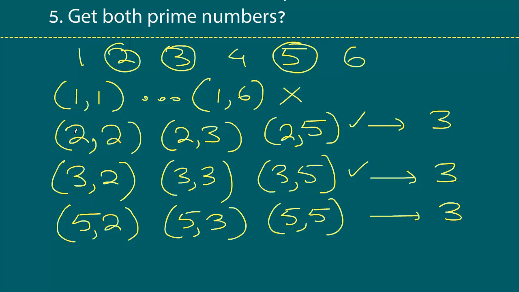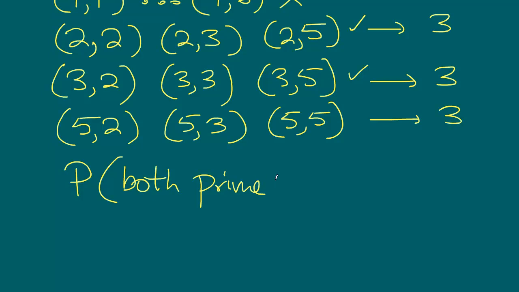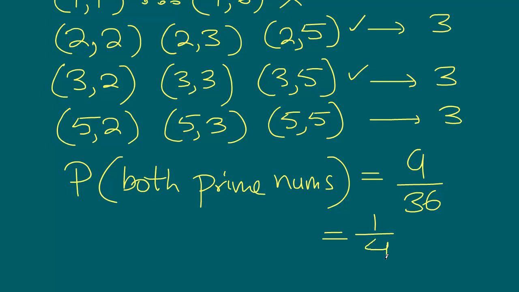So these are the outcomes where we get both prime numbers, right? So there are a total of 9 such outcomes. So the probability that we will get both prime numbers is 3 plus 3 plus 3, 9 divided by 36, which is simply 1 by 4.